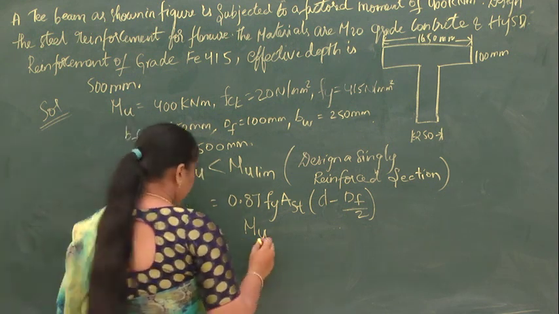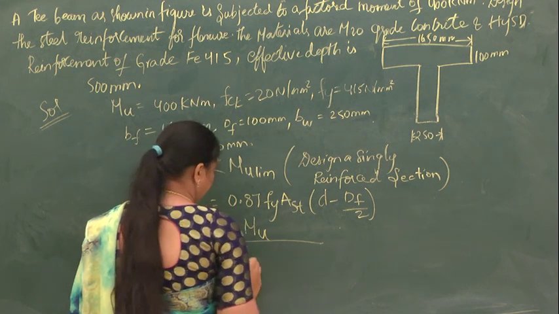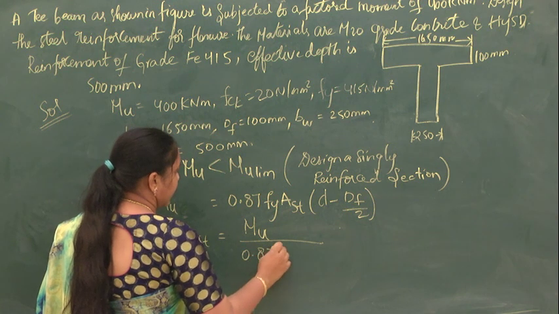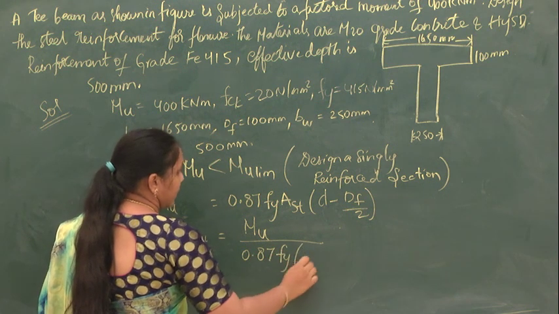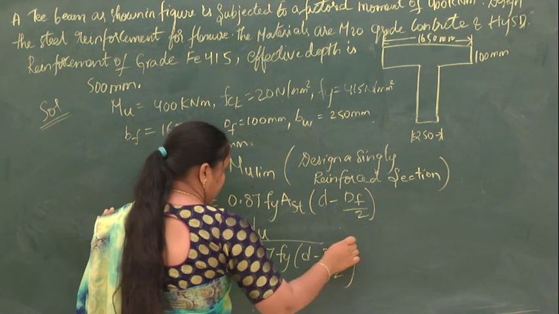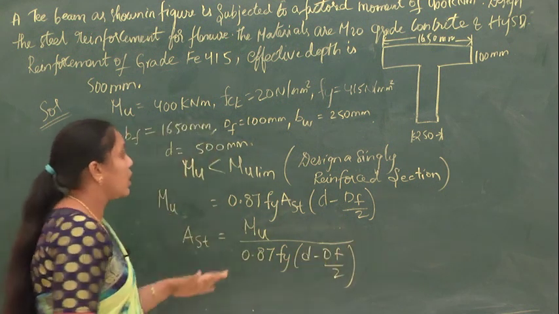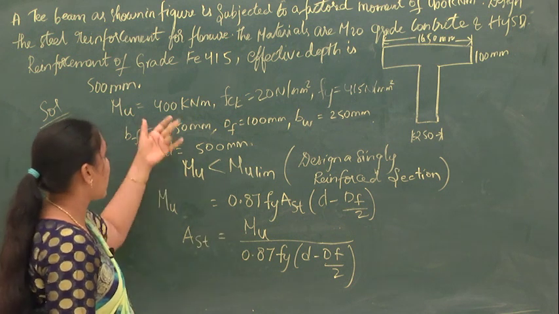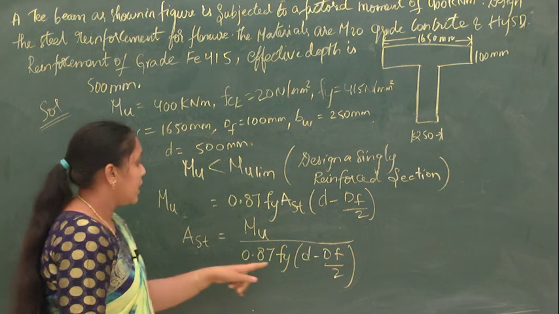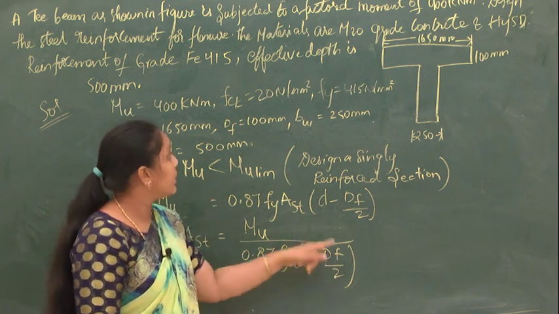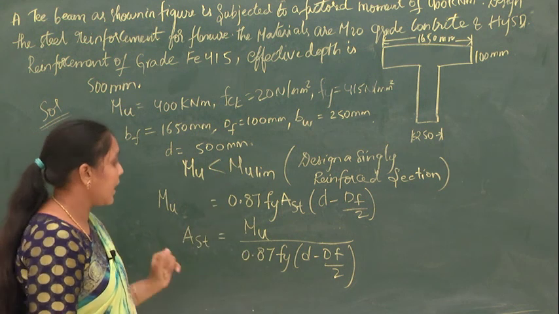So for that reason you have to take this particular value Mu here. So Mu divided by 0.87 Fy into D minus df by 2. So substitute all the values here. Mu is 400 kilonewton meter, Fy is 415, D is 500 and df is 100, divided by 2.